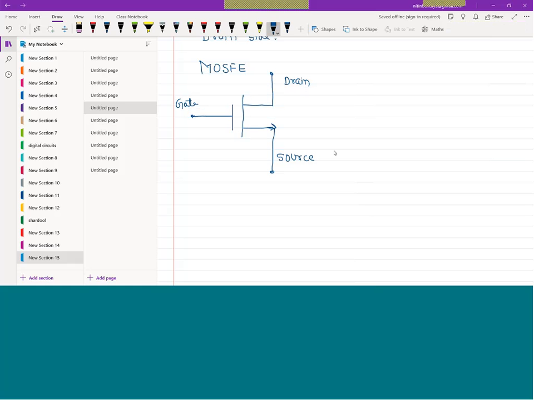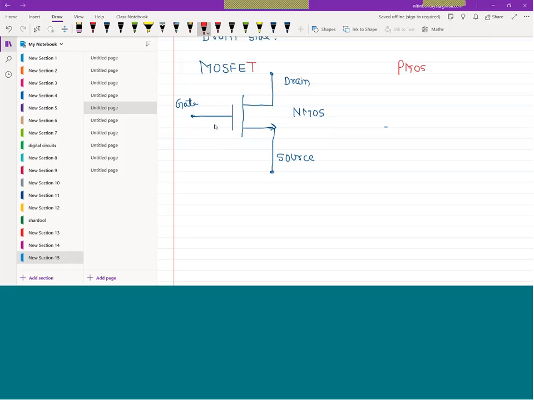This is known as N-channel MOSFET or NMOS. One more symbolic representation for PMOS.